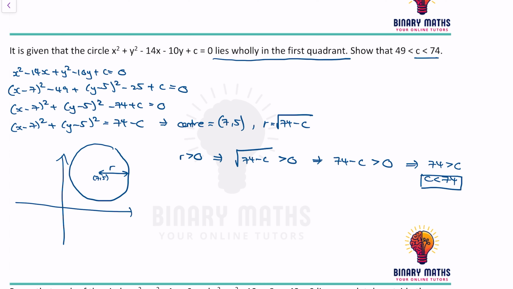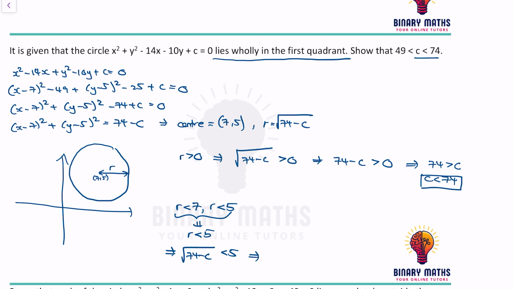Now, because the circle does not touch the x or the y axis, what we do know is radius must be both less than 7 and radius must be less than 5, because the circle center is (7, 5). Both of those combined means radius must be less than 5. So this implies root of 74 − c must be less than 5.